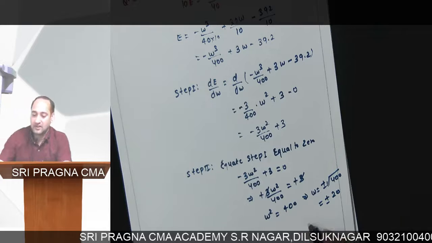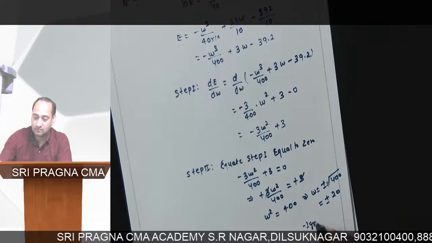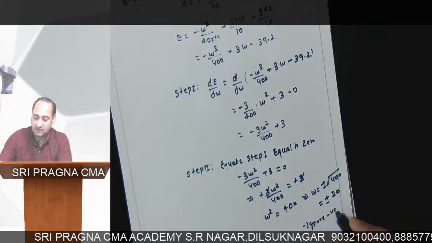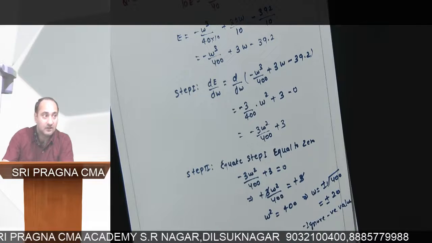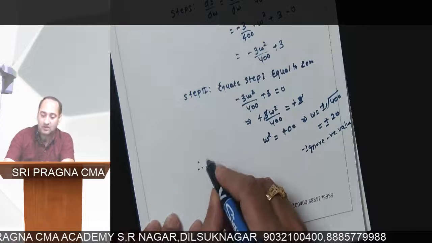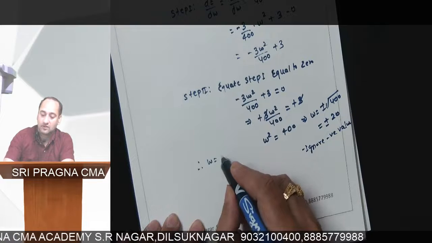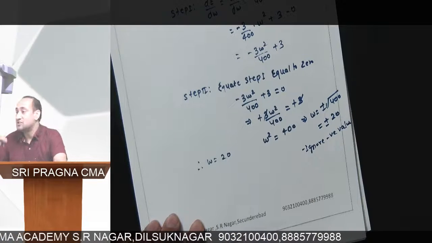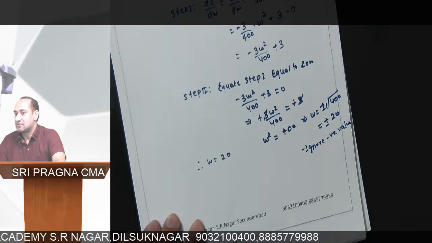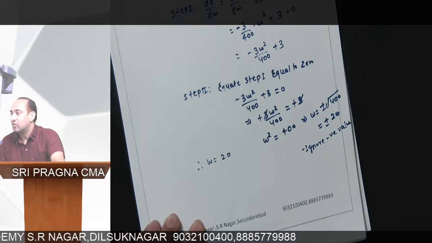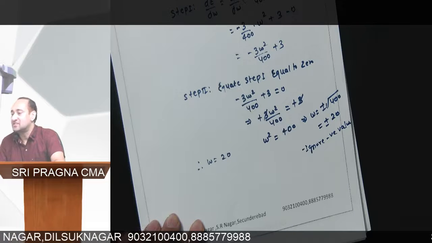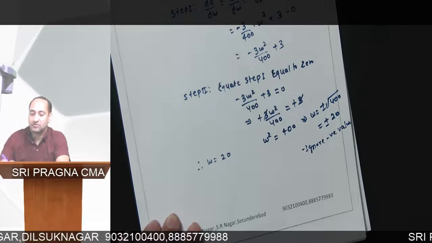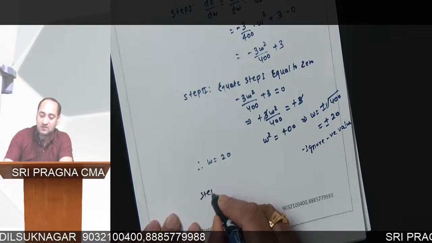So I am taking W is equal to 20. Now I need to verify whether the workers are efficient or not. For that we do step number 3.